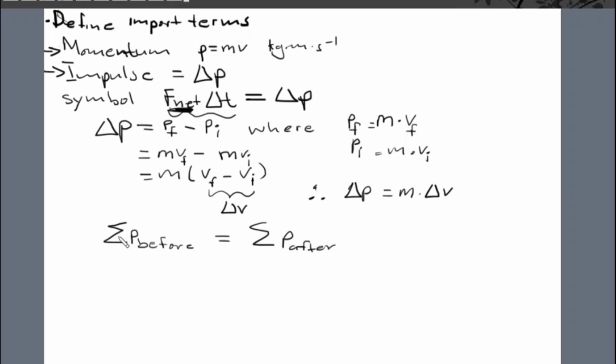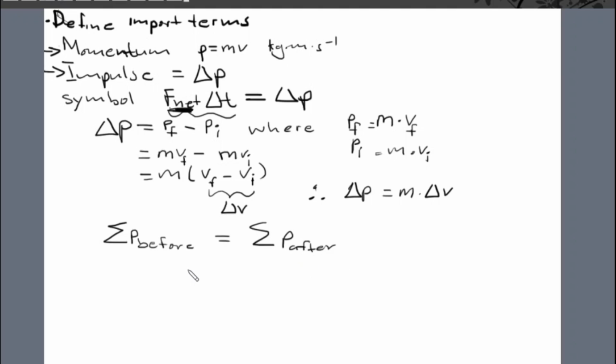This is the principle of conservation of linear momentum in a closed system. Closed system, external forces are absent, meaning no friction, no air resistance, or any other external force, right?